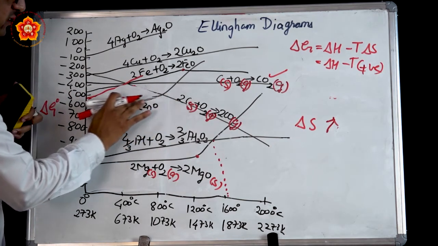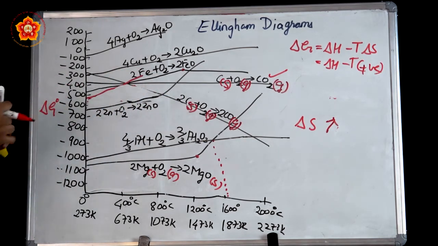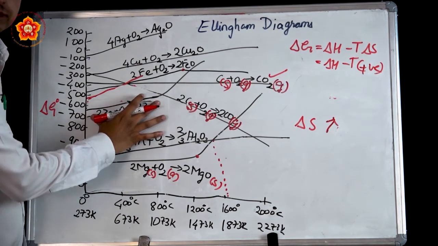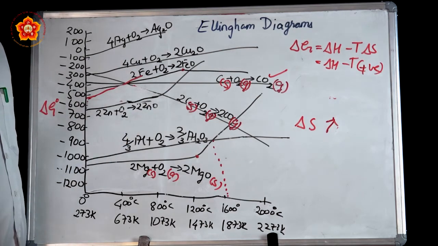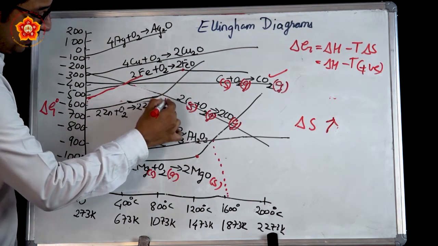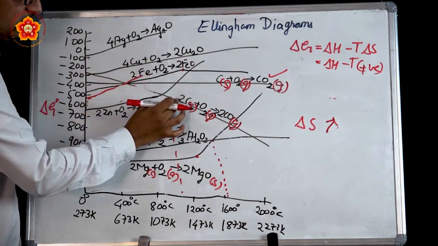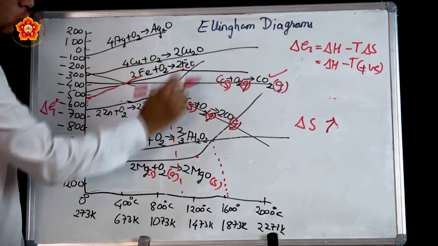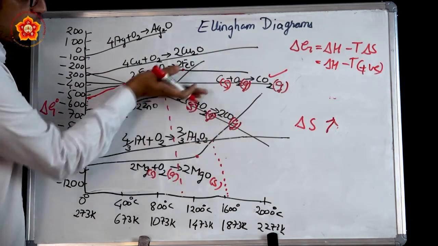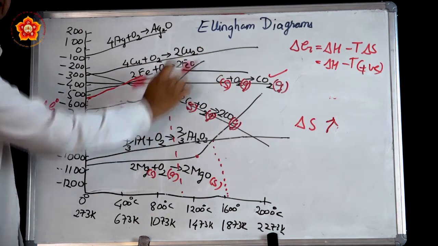Now if you see the zinc to zinc oxide reaction, the curve is present below here, which means that at lower temperatures you cannot reduce zinc, but at higher temperatures above this you can reduce zinc very easily with coke, because above this temperature the carbon to carbon monoxide line is downwards, whereas the zinc to zinc oxide line has gone up.